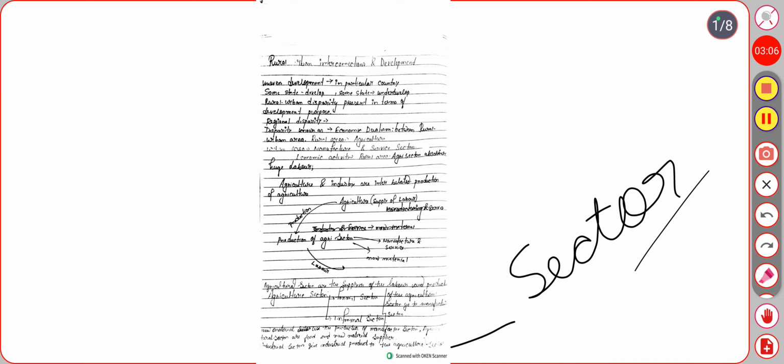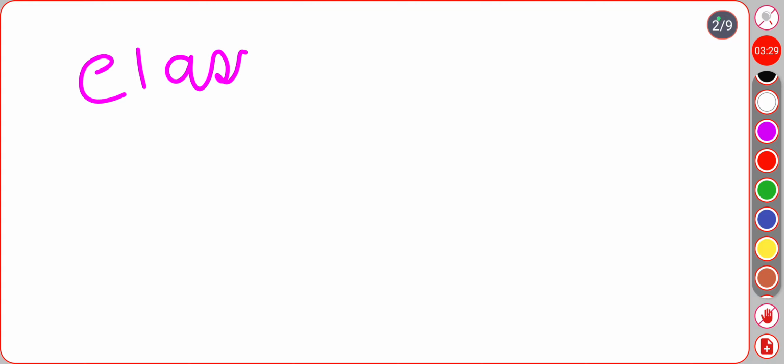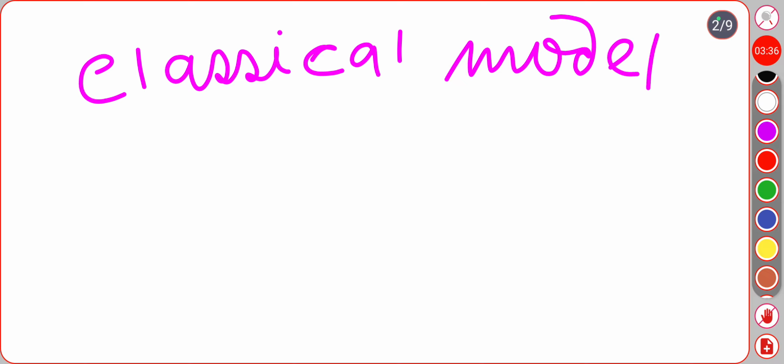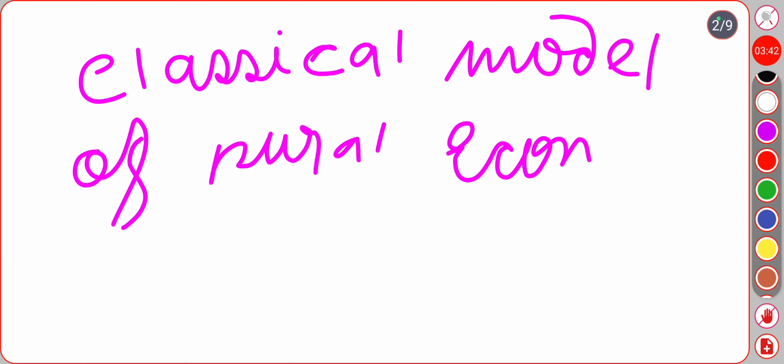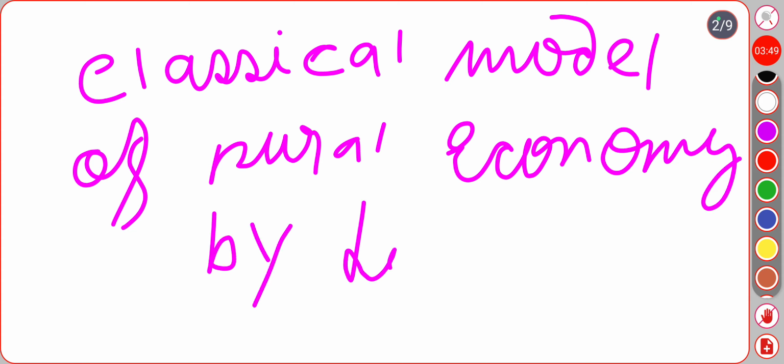Dual economy has an unlimited supply of labor, and Lewis, this is called the classical model of the rural economy, by Lewis.